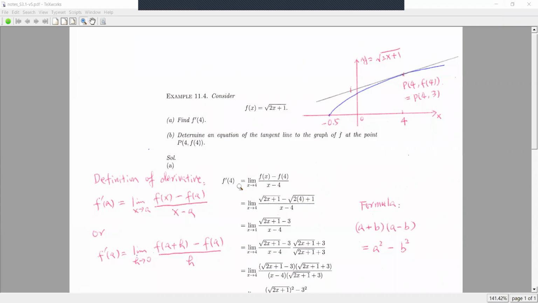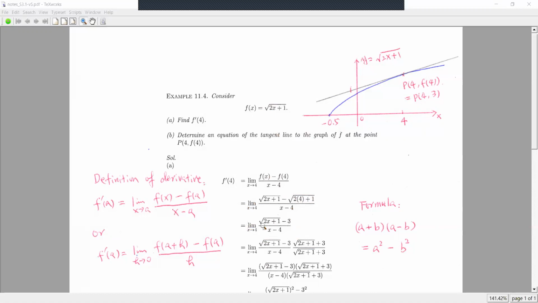By the formula, we have this equation where the point a is 4. Now, plug in square root of 2x plus 1 for function f here. Then we have this equation. The function value at 4 is the number 3. So we have this equation.